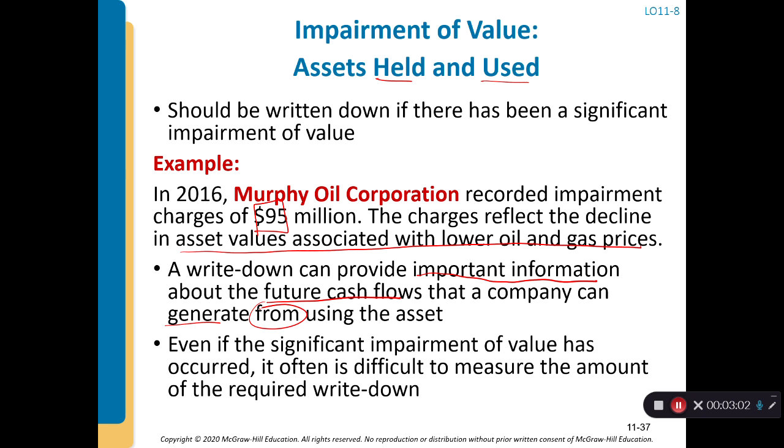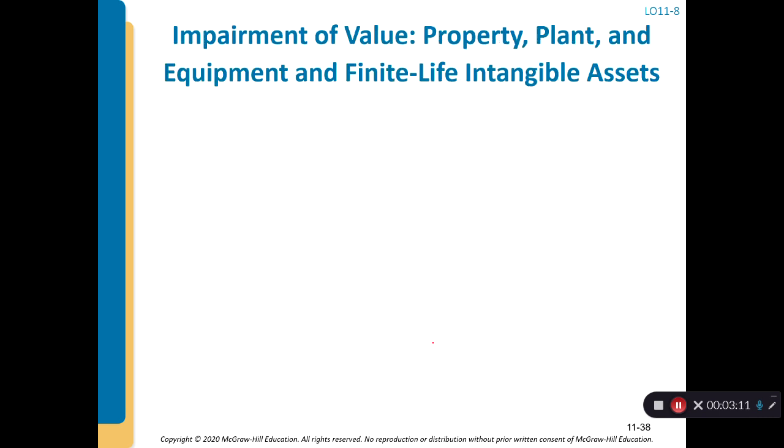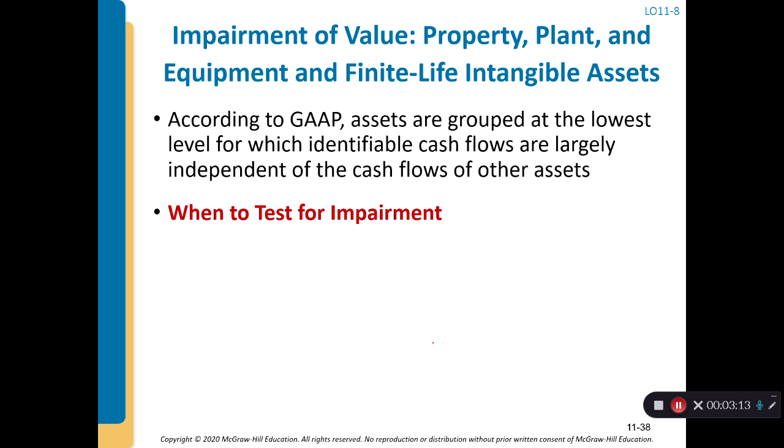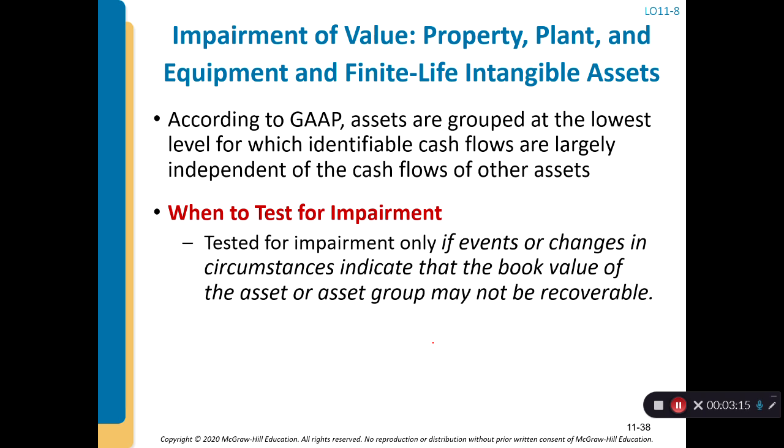Even if a significant impairment of value has occurred, it is often difficult to measure the amount of the required write-down. So we want to know how we make sure how much we should write down, and when we should write down, right? First of all, we want to introduce PP&E or finite-life intangible assets.